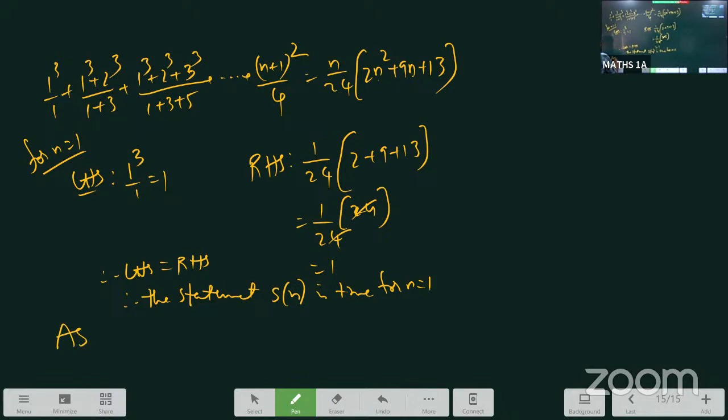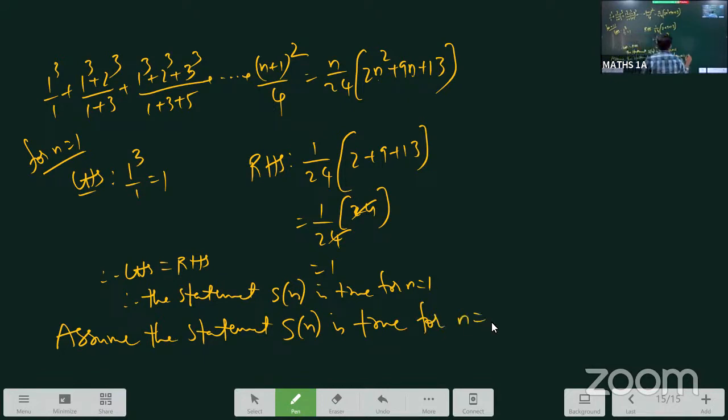Now assume the statement S of n is true for n equal to k. N equal to k means what I said.